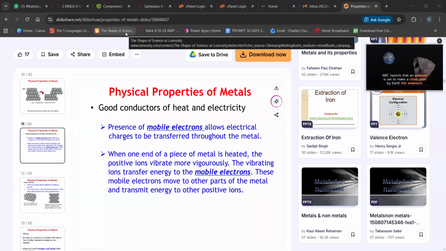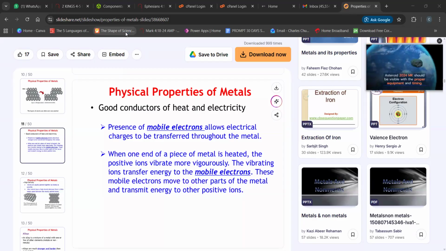The next physical property is the fact that they are good conductors of heat and electricity.